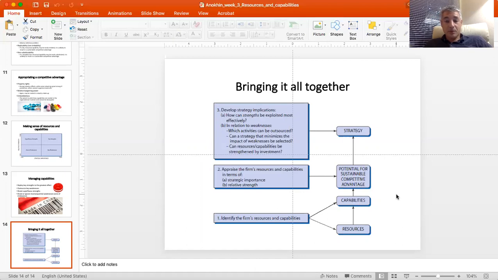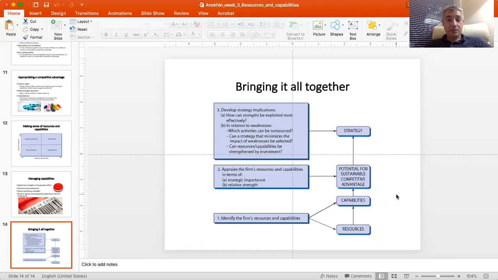And if none of that works, then okay, in those areas of weaknesses, can you strengthen them by additional investment, right? So here we talk about things like maybe acquisition of specific resources or maybe acquisition of companies that have superior capabilities. That is a very problematic proposition, and we'll talk a lot more about that later on this semester.